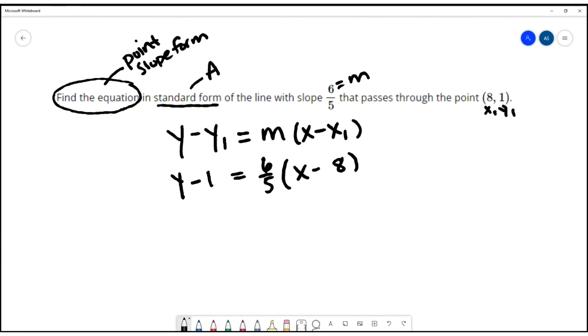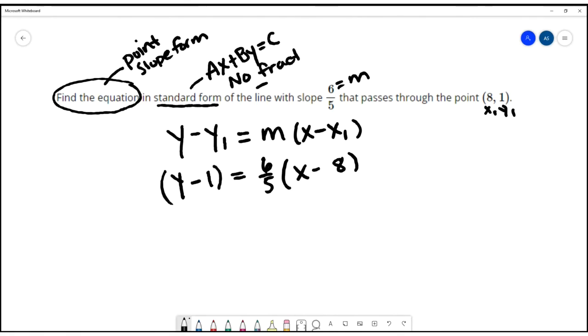Standard form is ax plus by equals c. We have some extra rules where we want no fractions, and we don't want a negative in front. So because I don't want fractions, I'm going to go ahead and get rid of the fraction right now.